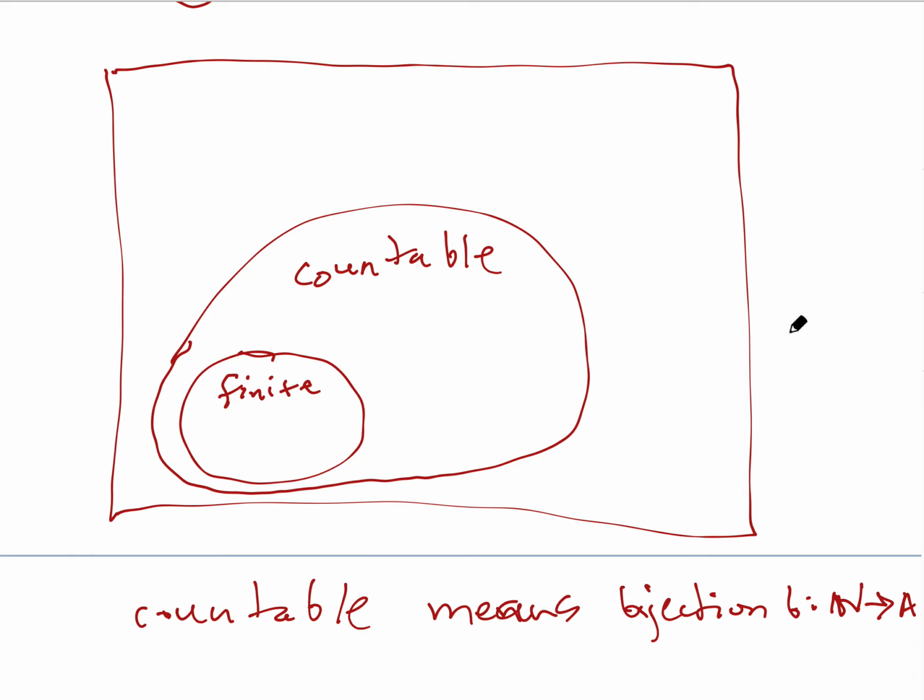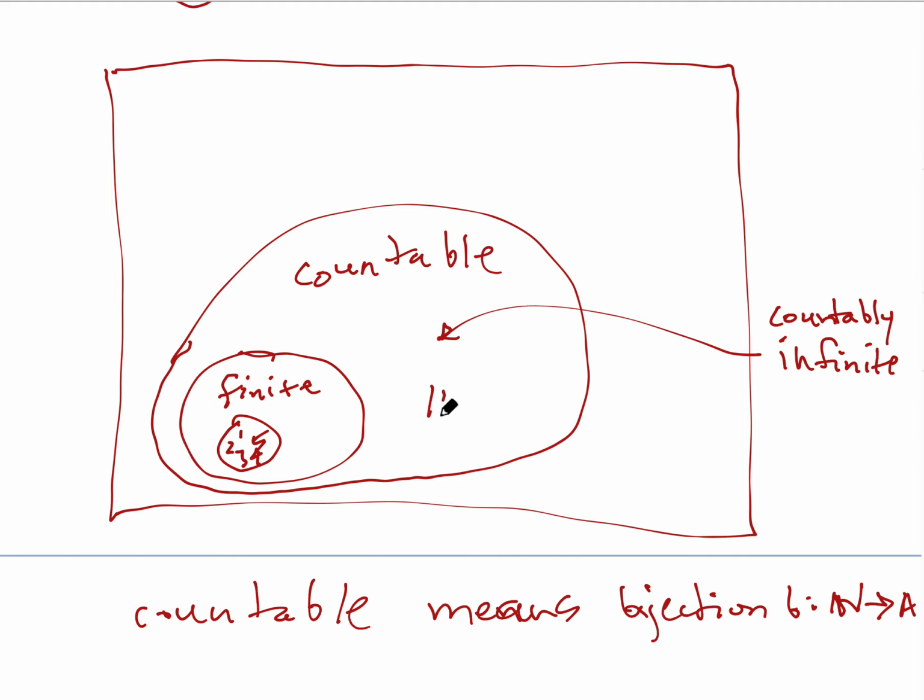And then we have sets that we call countably infinite. Countable sets include finite sets. So this was a set like I showed you before, where you had 1, 2, 3, 4, 5, and the natural numbers would be an example of a set that's countably infinite.